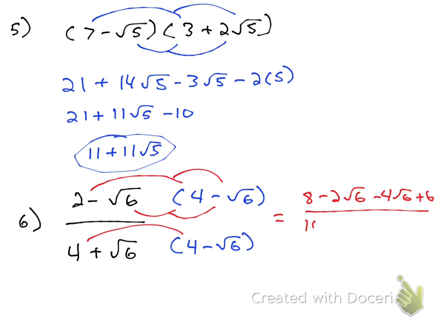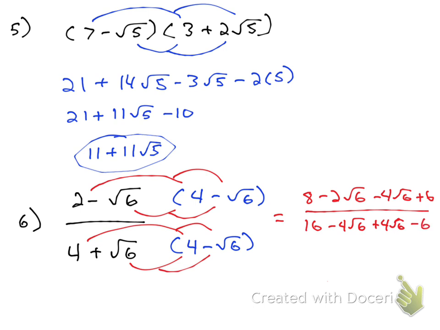first, 16. Outer, negative 4 root 6. Inner, plus 4 root 6. And then last, that will be minus 6.